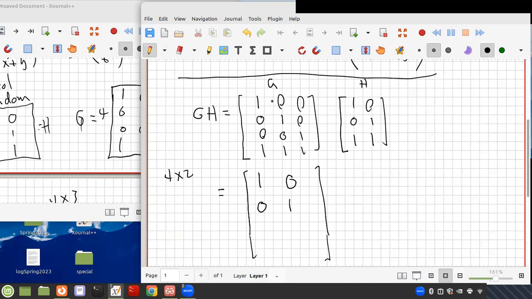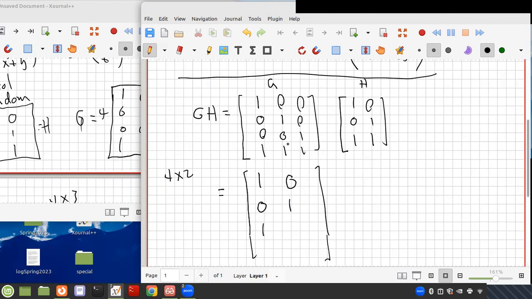Okay, so I have 1, 0, 0 times 1, 0, 1 is 1. 1, 0, 0 times 0, 1, 1 is 0. Then 0, 1, 0 times 1, 0, 1: none of the ones match up, so I get 0, but on the second one, the middle one matches up, so I get 1. Then the third row, 0, 0, 1 times 1, 0, 1 is going to produce a 1, right? This one times this one is a 1.